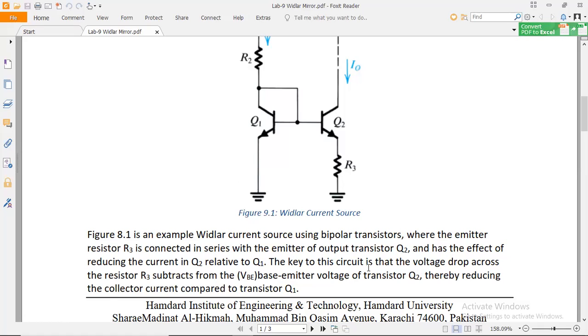The key to this circuit is that the voltage drop across the resistor R3 subtracts from the VBE, the base-to-emitter junction voltage of transistor Q2, thereby reducing the collector current compared to transistor Q1. So we can compare the current of Q1 with Q2 at this stage.